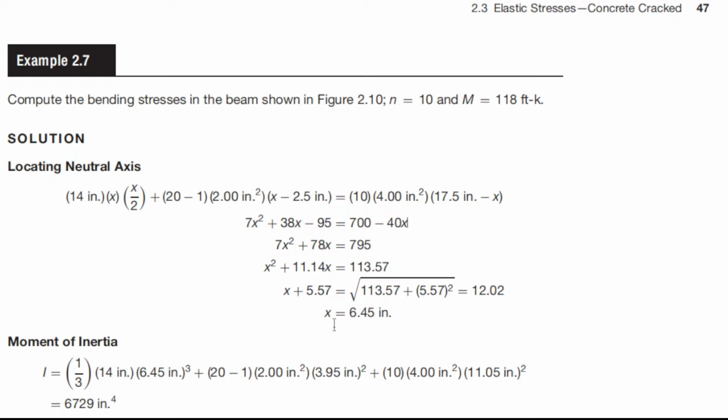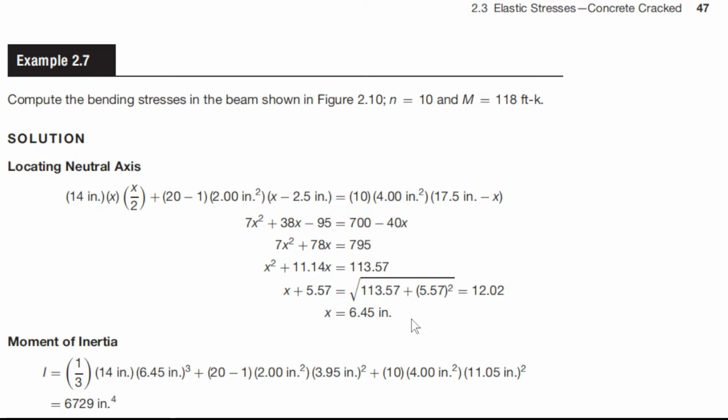And x would be equal to 6.45. You can input this into your calculator and press shift solve, and that is allowed in the board exam. So the result is x equal to 6.45 inches.